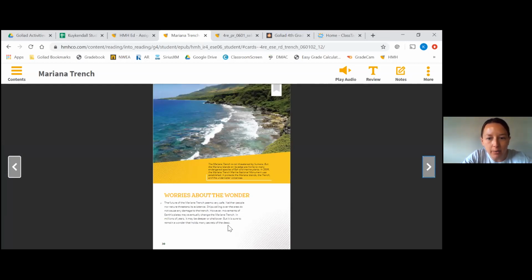All right. So I want y'all to focus right here on these last two sentences. It says, in millions of years, it may be deeper or shallower, but it is sure to remain a wonder that holds many secrets of the deep.